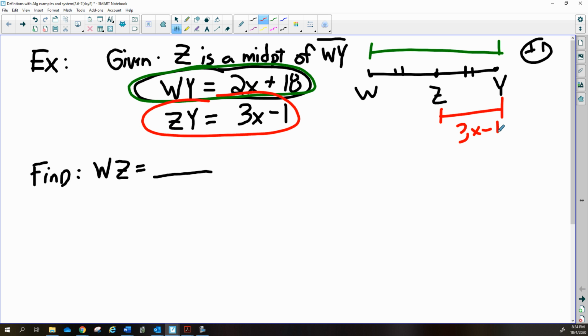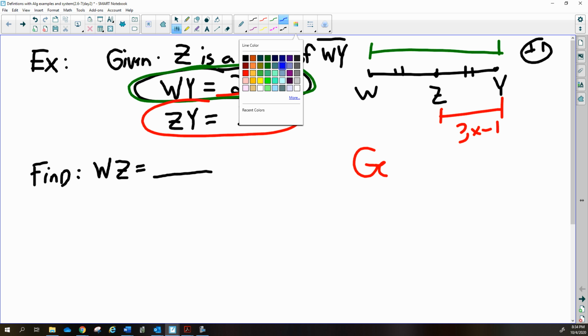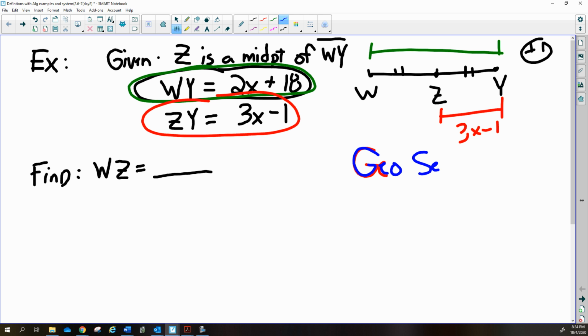But if we look at this right up here, now is the time to do a geometry setup, and that's where we're going to get our first point. What I call my geometry setup: we know right here that WY is not equal to YZ.